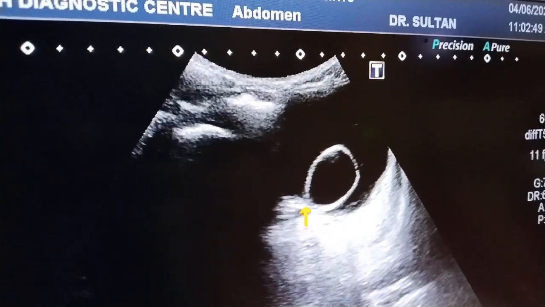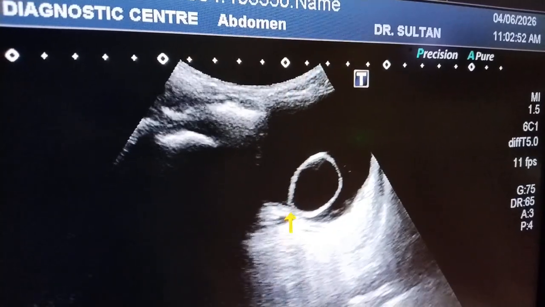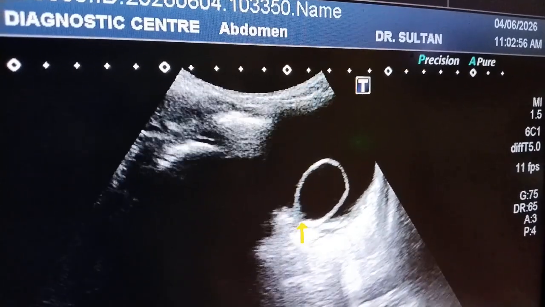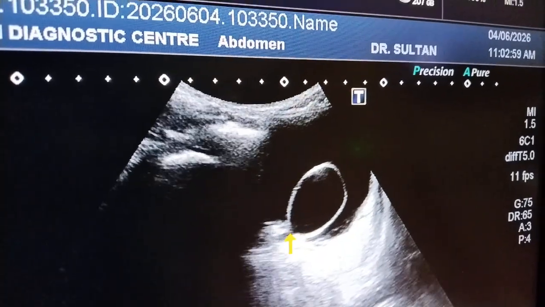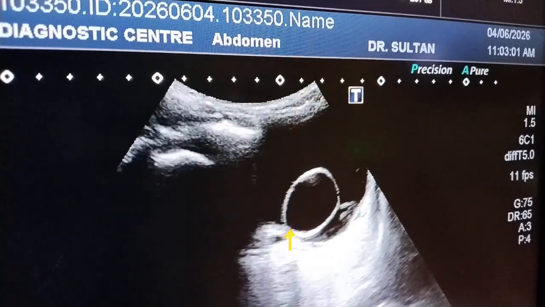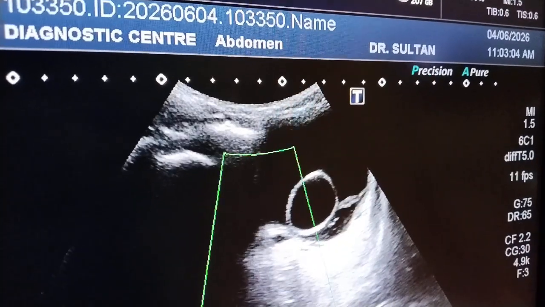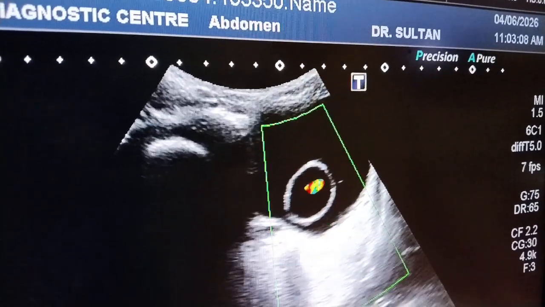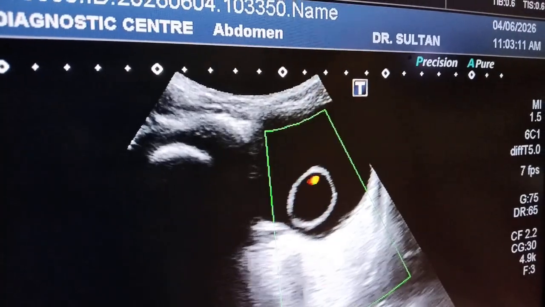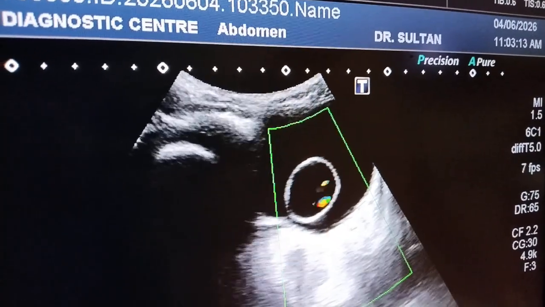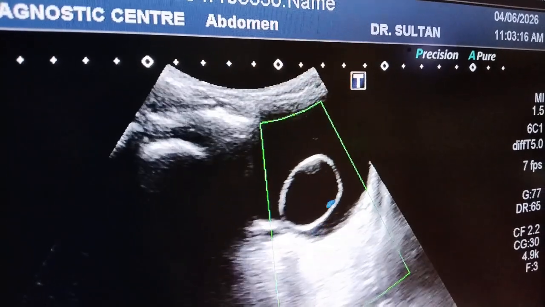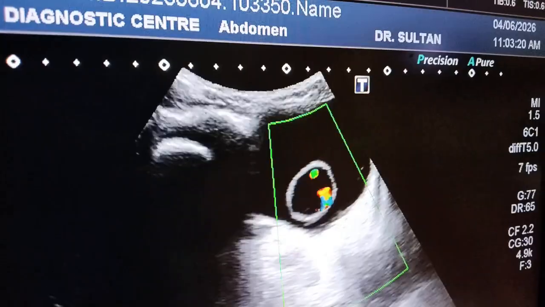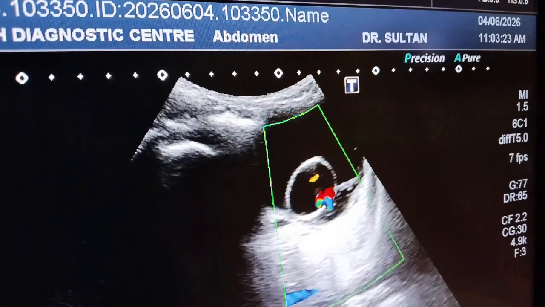Look here. So then it is entering into this cystic area. This cystic area is mildly thick walled, almost rounded.